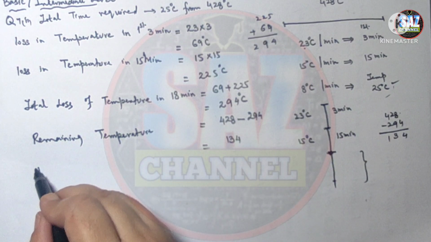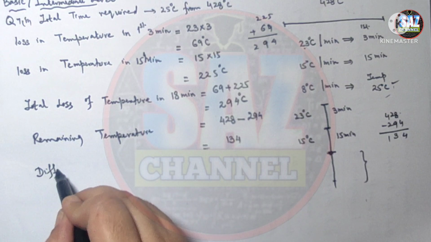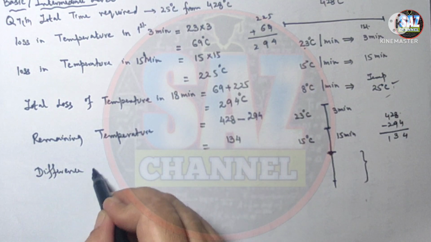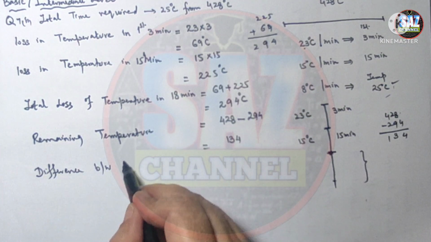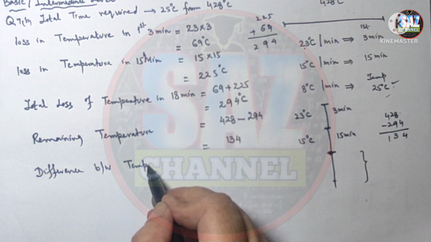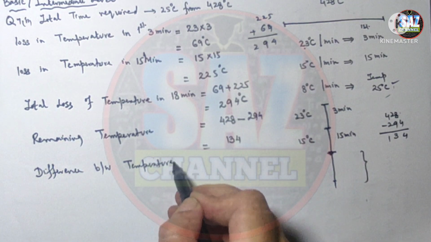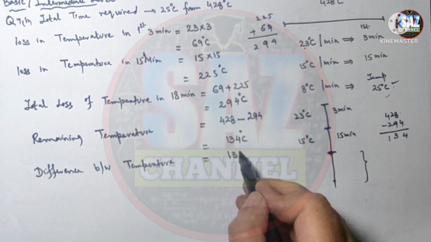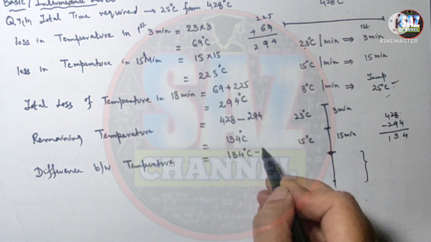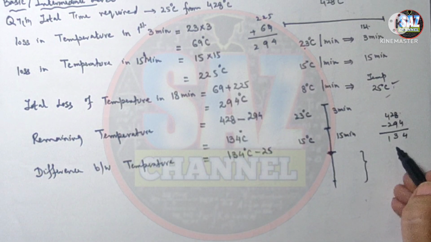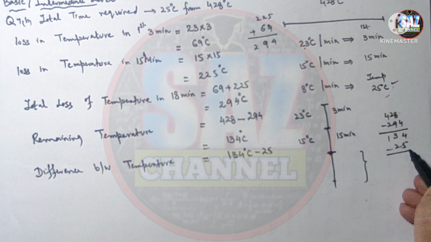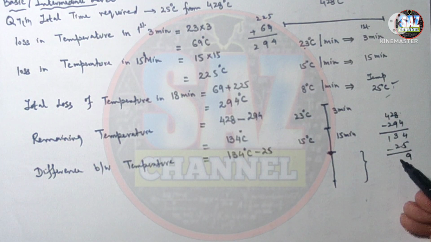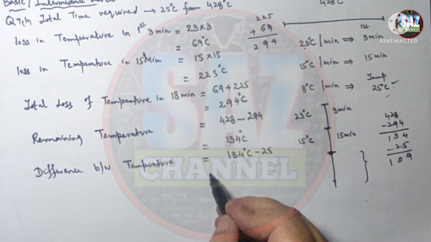So we are going to find the difference between the temperature, that is 134 degree centigrade minus 25. 134 minus 25, 14 minus 5 is 9, and here we are left with 2 minus 2 is 0, and this is 109 degrees centigrade.